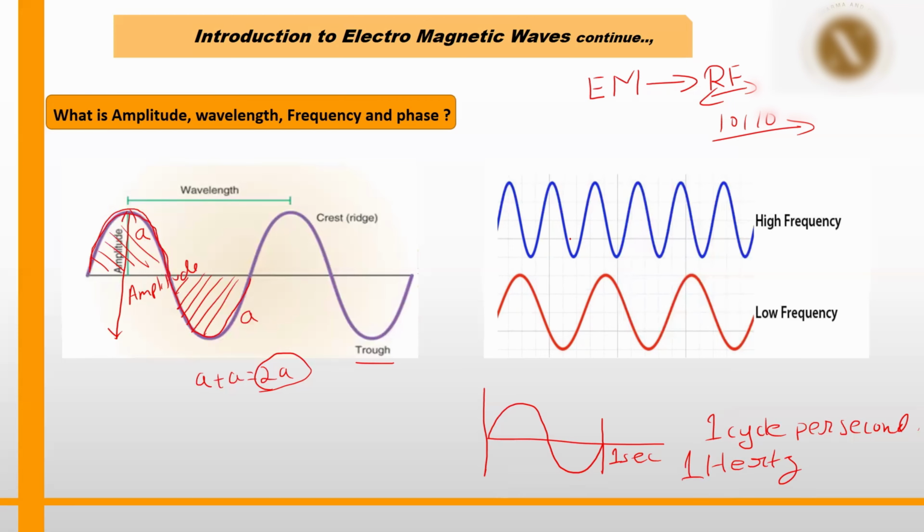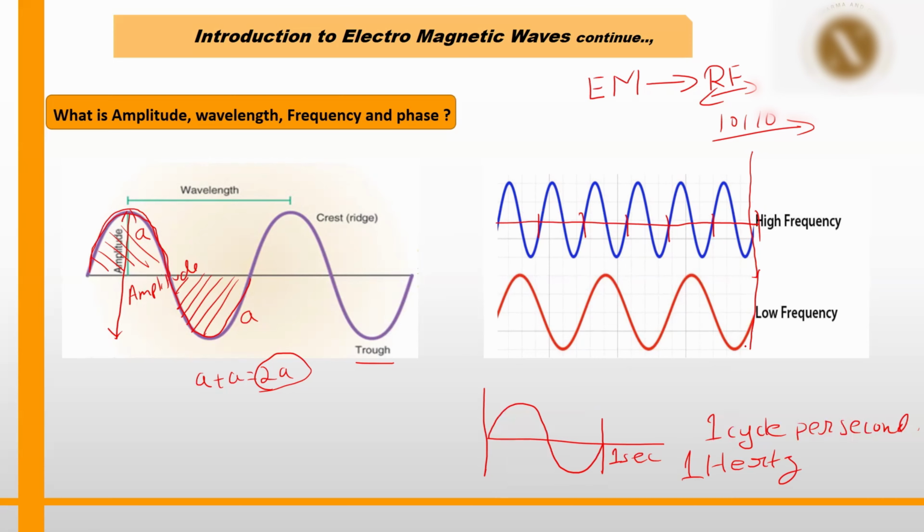When we say the frequency is high, that means the cycles per second is more. Suppose this is 1 second and you can see how many cycles there are: 1 cycle, 2, 3, 4, 5, 6. So there are 6 cycles per second.